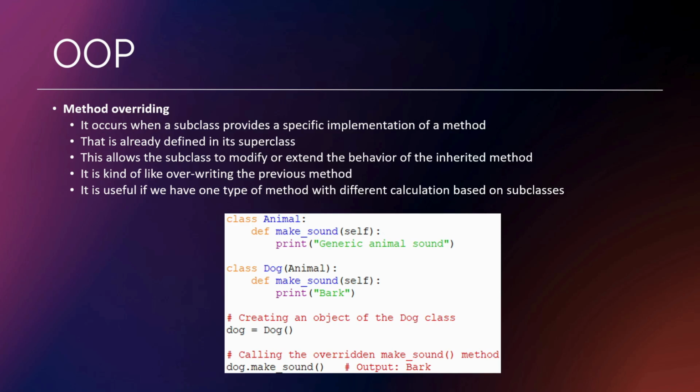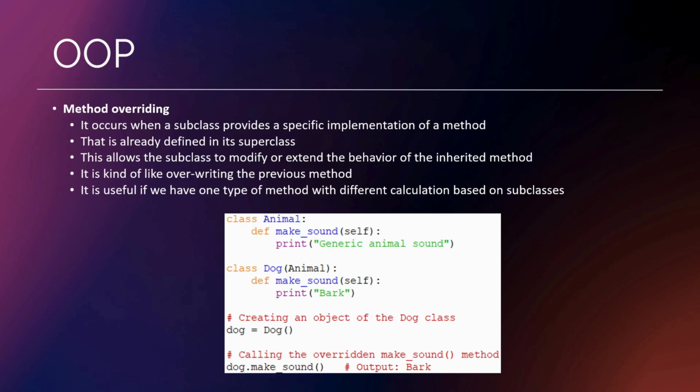Let's take this example. We have make sound: an animal will make a sound, but we do not know what animal it is, so we just put in some generic animal sound. But in the child class, we know that it is a dog, and dogs make a barking sound. So we want to use the same method name but do something different in the method body, that is, print bark. We keep the same name because all animals still make a sound.